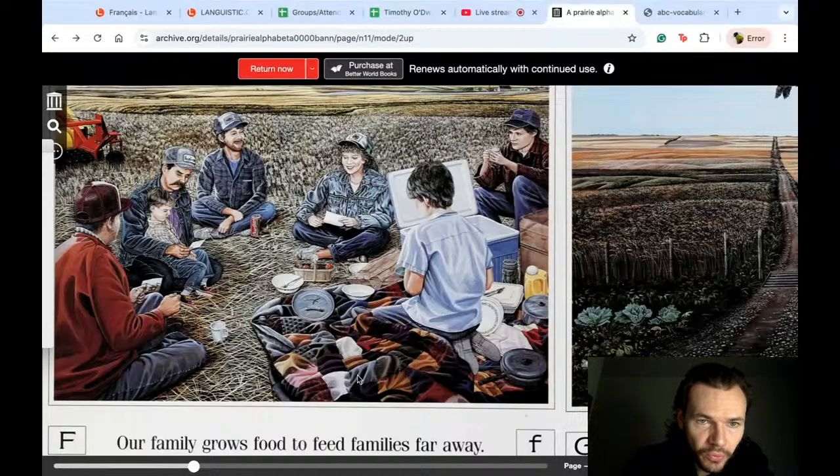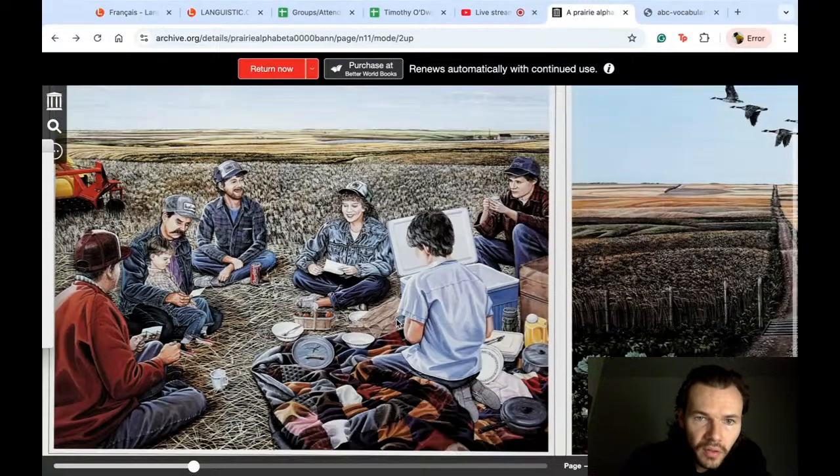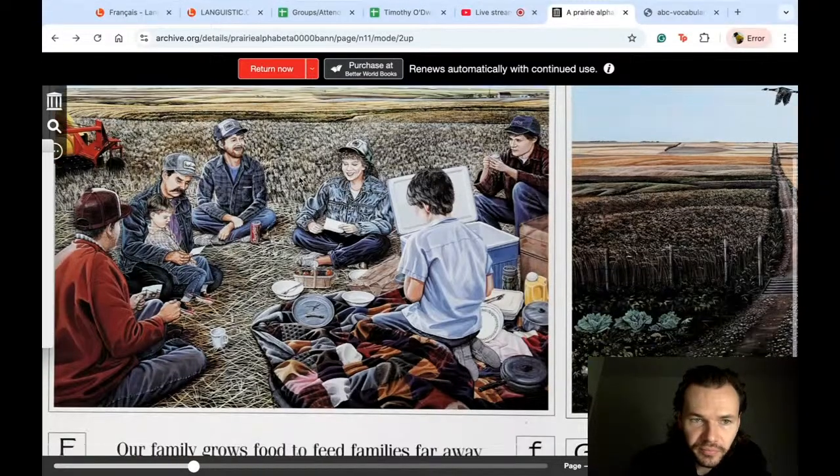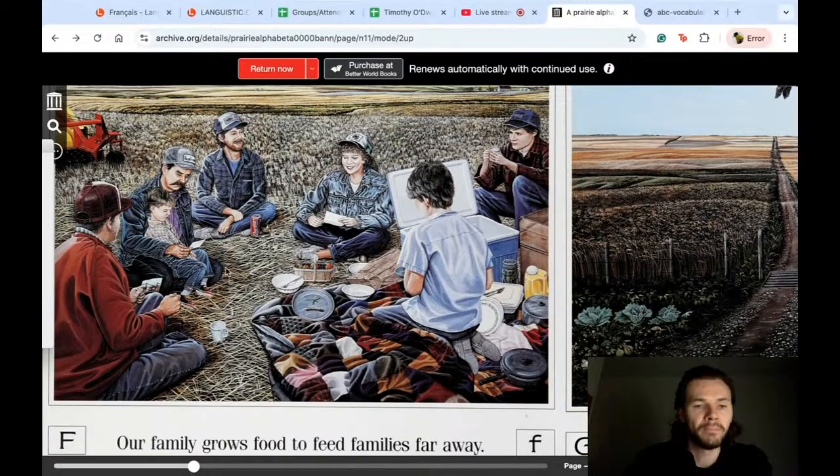Yeah. So here we have the family gathered together. They're eating another can of Coca-Cola here. Here we go. And a typical Saskatchewan landscape with another combine in the background. So, everyone knows the word family, right?